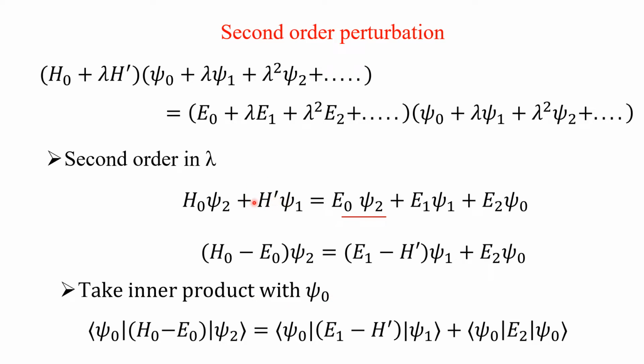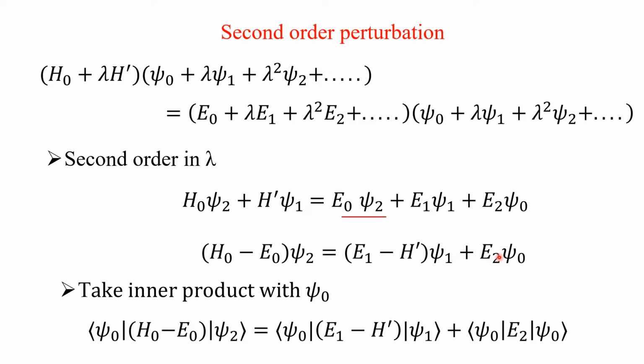And you bring the H prime psi 1 term to the right hand side. So now you will get E1 minus H prime acting on psi 1, and of course E2 psi naught.